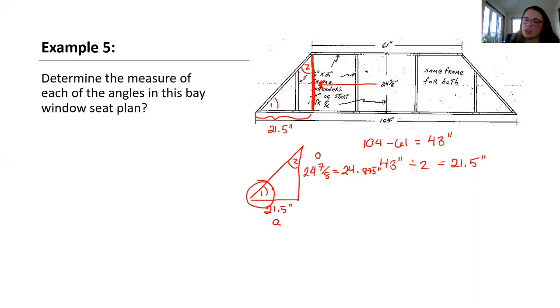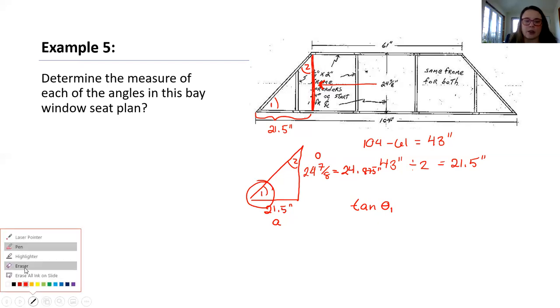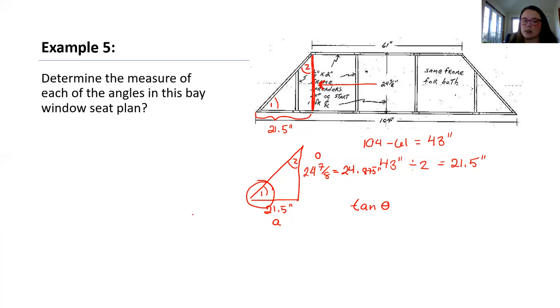So we have adjacent and opposite. Let's figure out what angle 1 is. I'm just going to write it the way I wrote it in my notes the other night, because sometimes you overthink when you get writing things. The tangent of the angle is equal to opposite over adjacent.